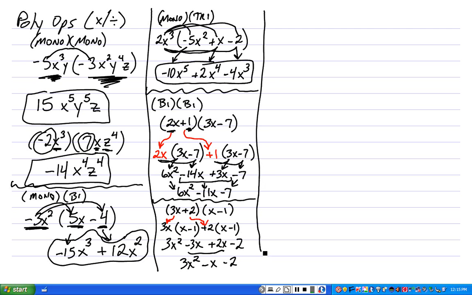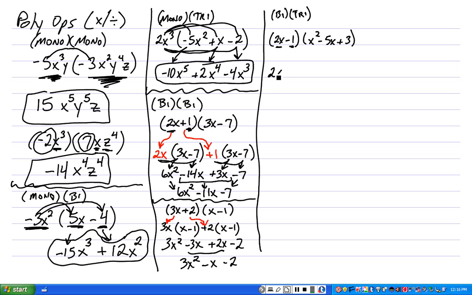Now let's look at a binomial times a trinomial. Let's try this: 2x minus 1 times x squared minus 5x plus 3. Once again, we want to take whatever's in the first polynomial and break it up into pieces.